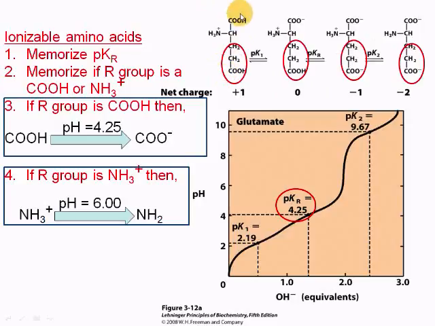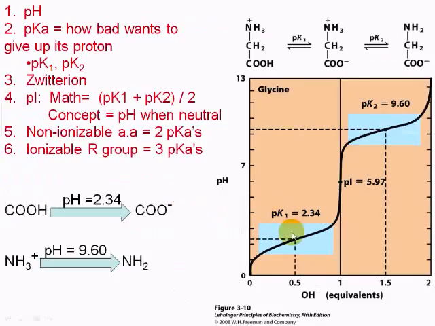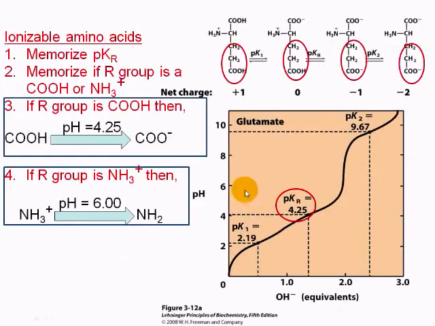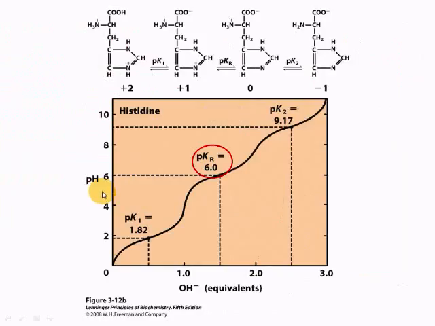And remember, if we were talking about the carboxylic acid coming off the central carbon, then remember its pK1 would be around 2, it's 2.34. But here we're just focusing on the R group, and so let's look at histidine.